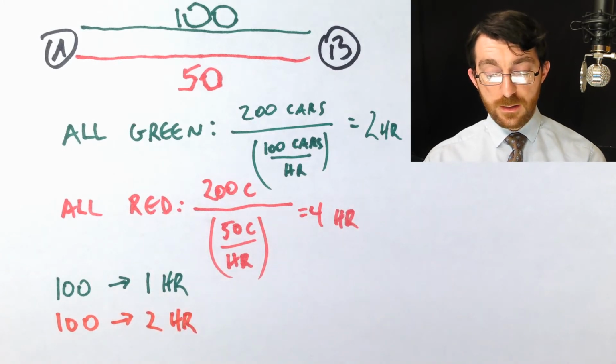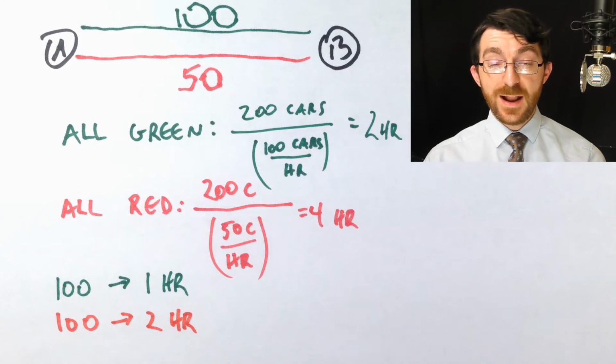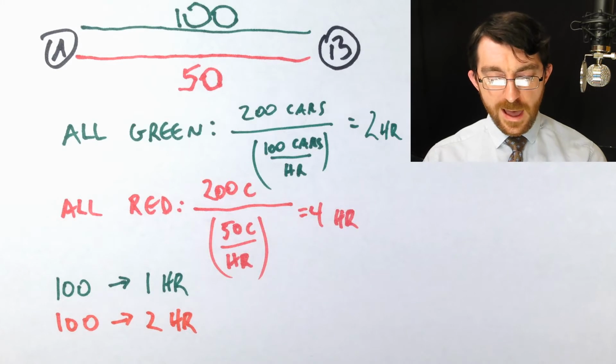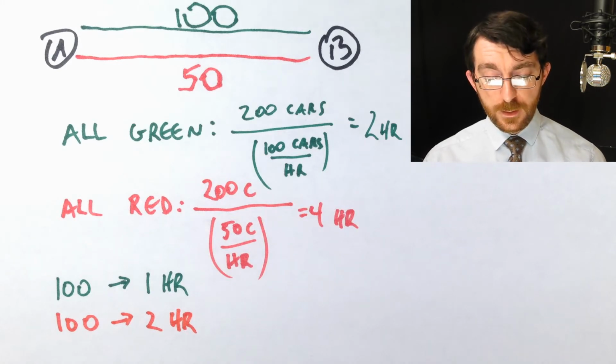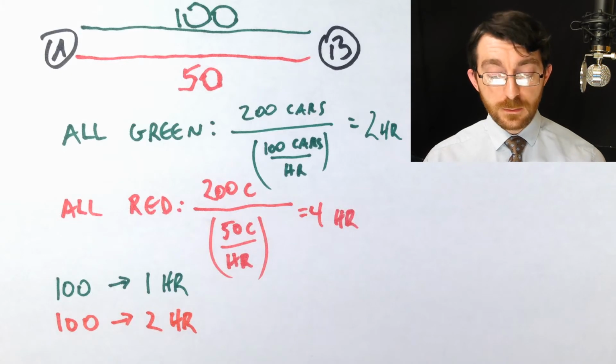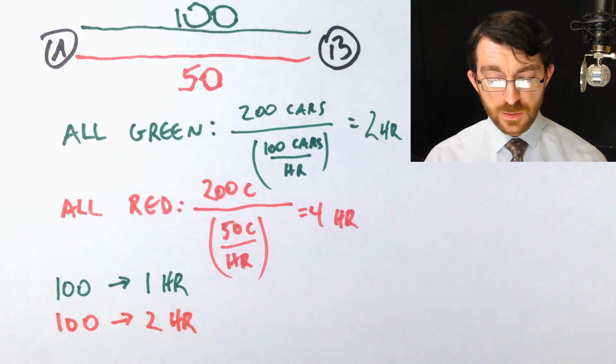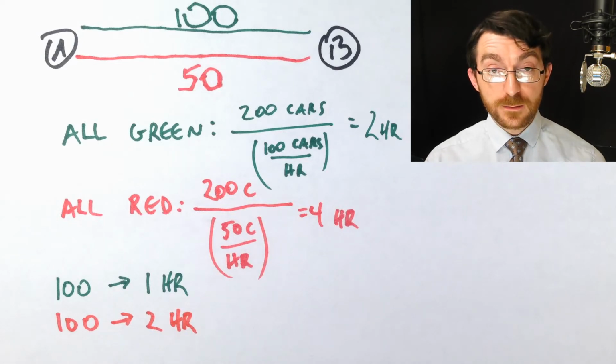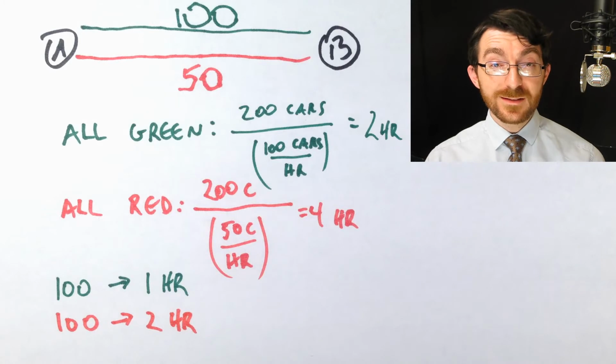Okay, so it turns out that wasn't any better than everyone taking the green road. And here's why. Everyone who took the green road, who got over there in an hour, they're going to be waiting for everyone on the red road to finish their trip. So the reason that doesn't work or can't be the best is because we're wasting time.